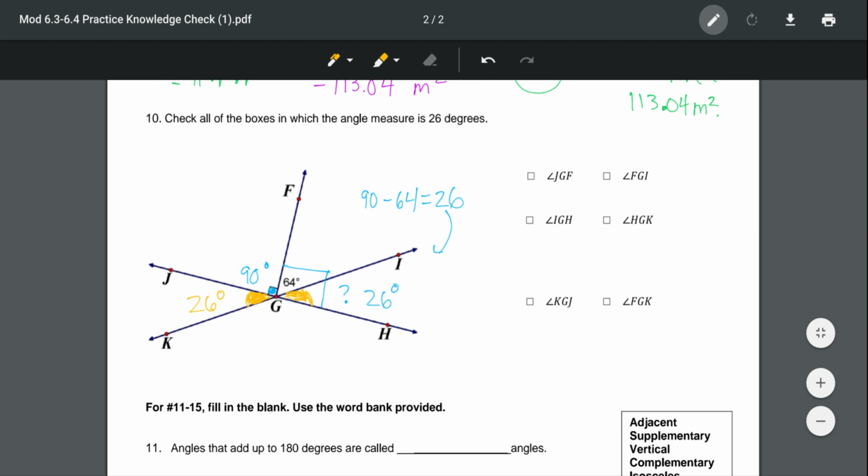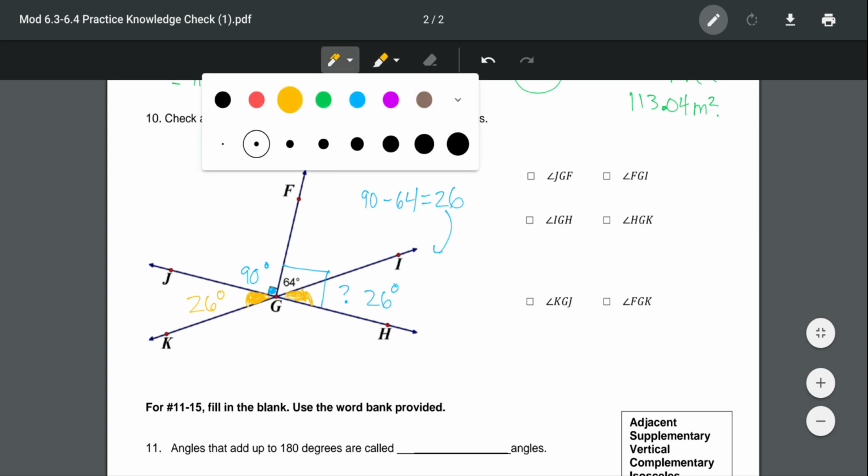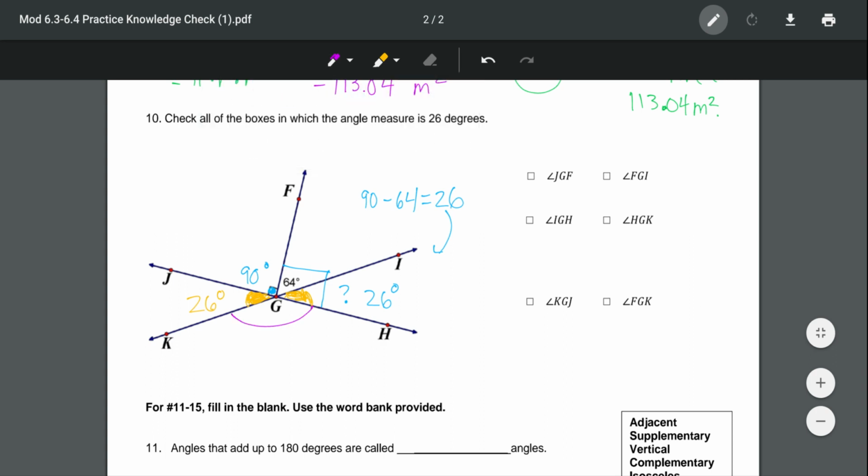Okay, and then angle KGH, you could think about it two ways. Since JGH is a straight line and angle JGK is 26 degrees, you could figure out the measure of KGH. These would be supplementary, so you could take 180 minus 26.